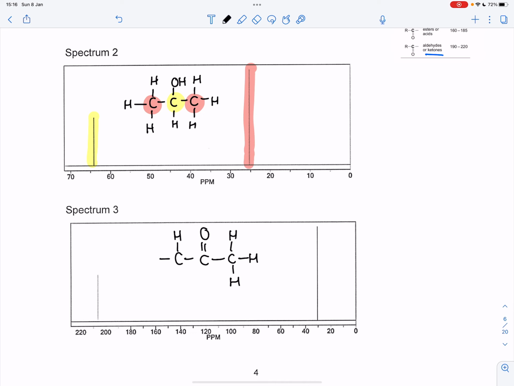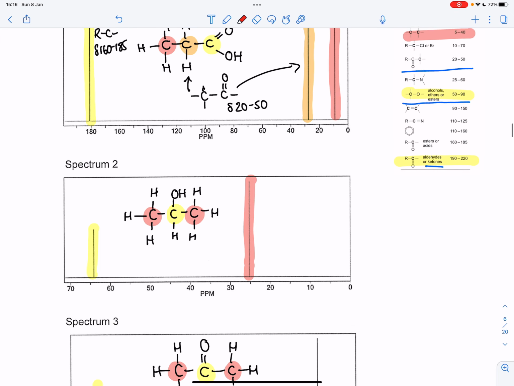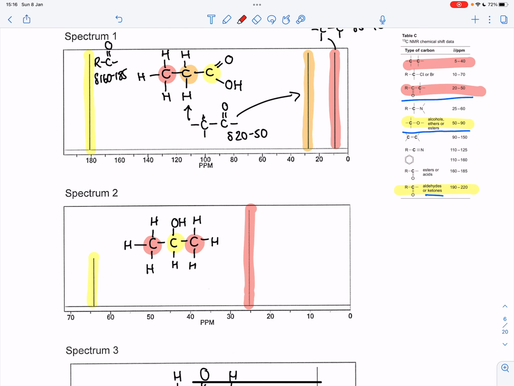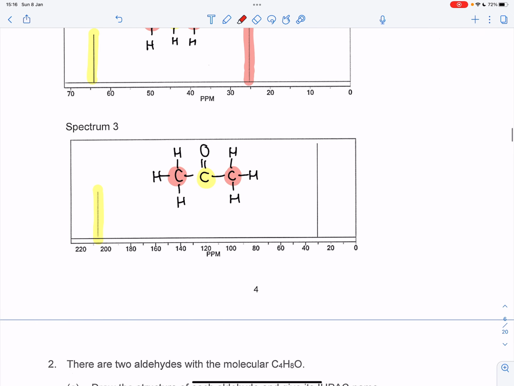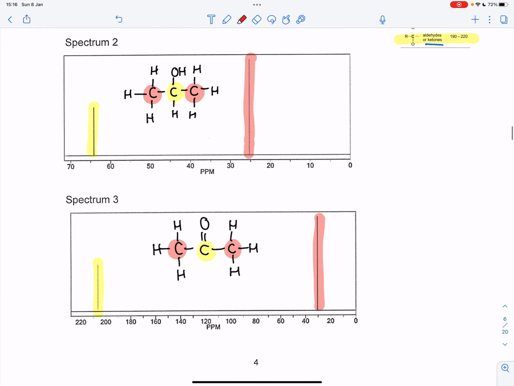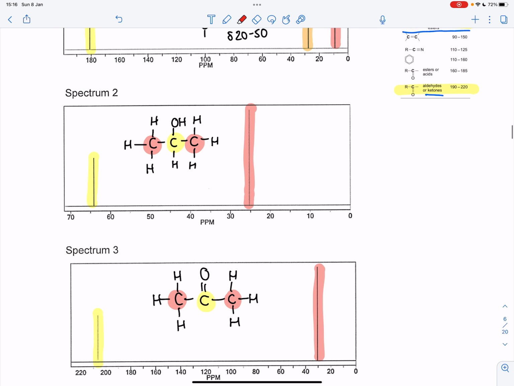So we'd be expecting for propanone our yellow type to be at 190 to 220, and our red type this time to be 20 to 50, which we have got. So all matches up, and we've managed to link each spectrum to each of the compounds.